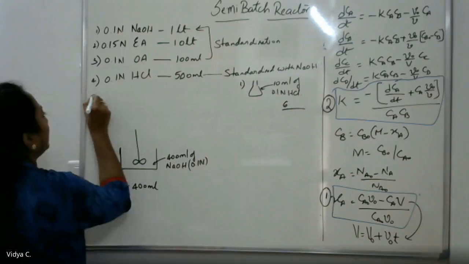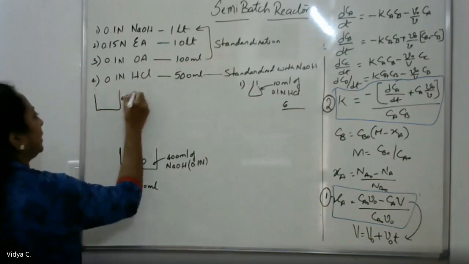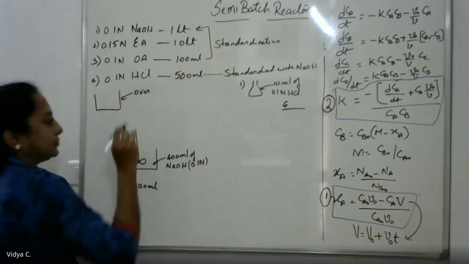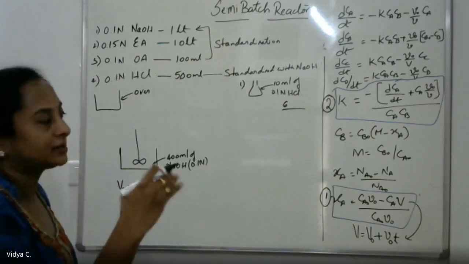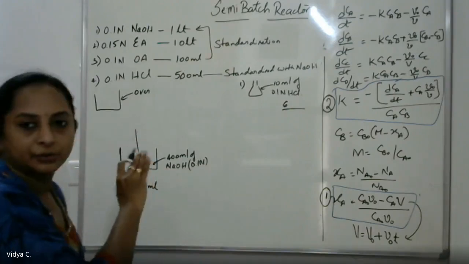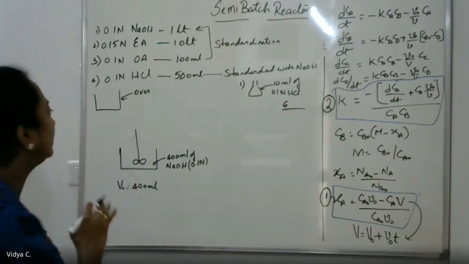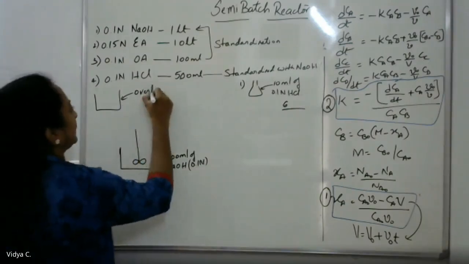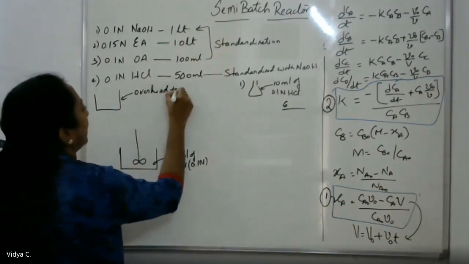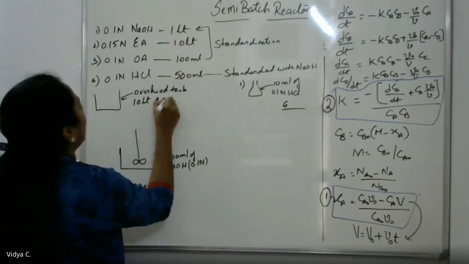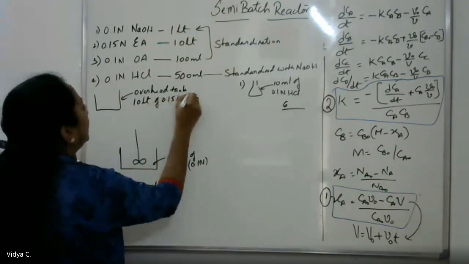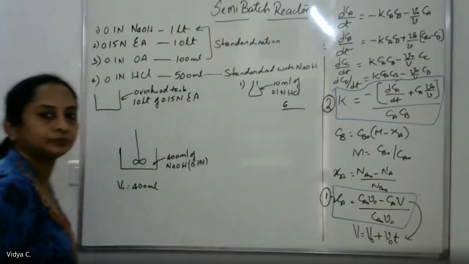Now what I do in the overhead tank, since we are not conducting it here, once you go and stand near the setup and conduct the experiment, you should be able to do it by going through this. In the overhead tank, what do I have? 10 liters of 0.15 normal ethyl acetate.